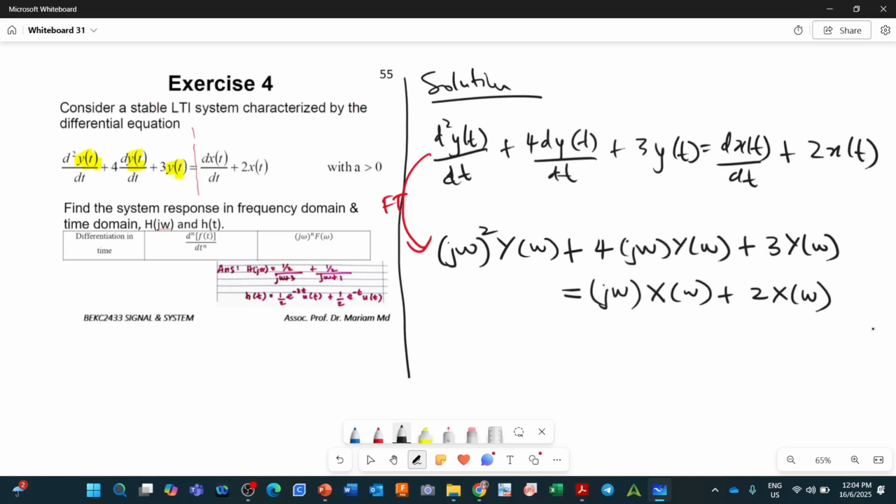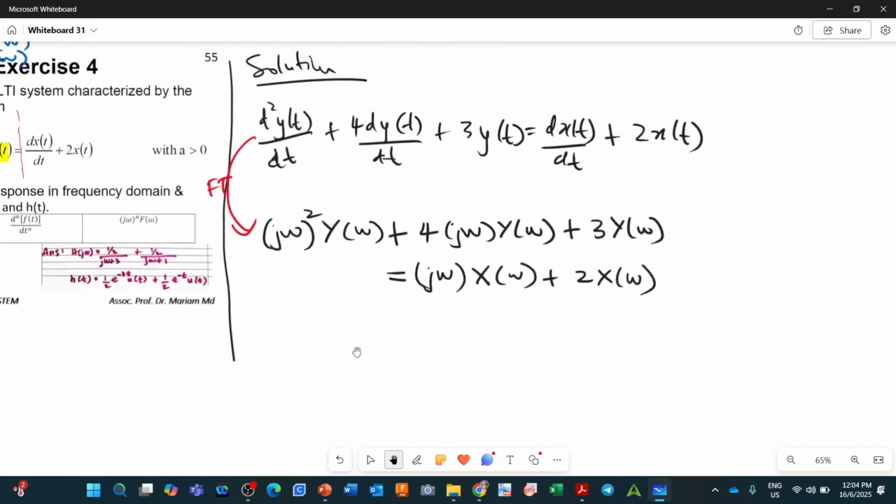If you notice, the way you write in the time domain, y(t) and x(t) are all small cap. When you convert into the frequency domain, you write it in capital Y omega, X omega. It's just a symbol so that you don't get confused.